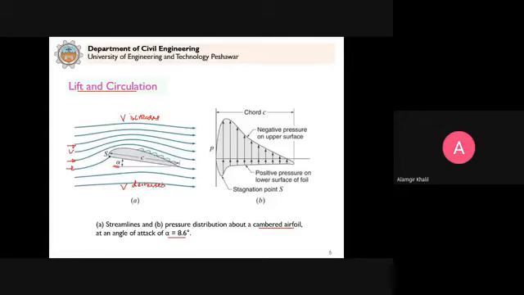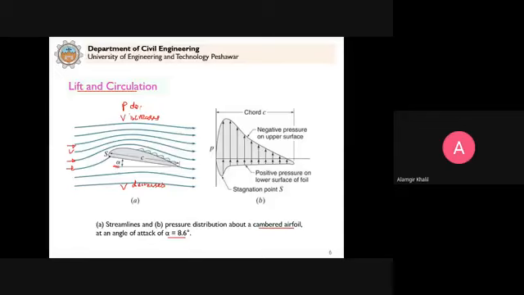Now from this diagram we can see that velocity increases at the top, and at the bottom surface of this object velocity decreases. According to the Bernoulli equation, if velocity increases, then pressure P should decrease.